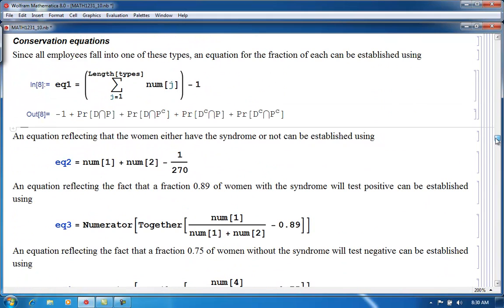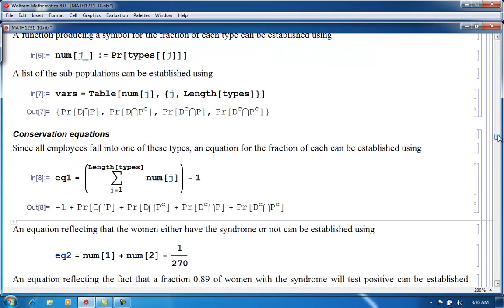Then we go down to the next equation. The next equation says that the fraction of women who have the syndrome is given by 1 over 270.